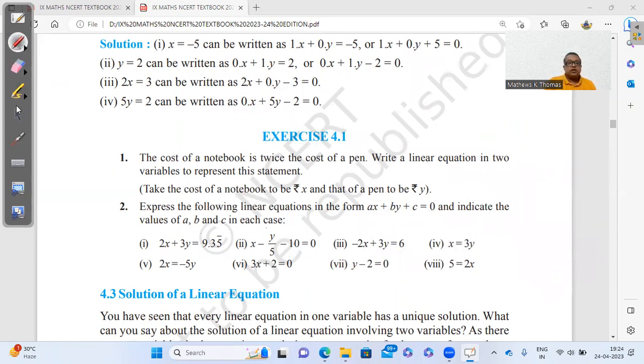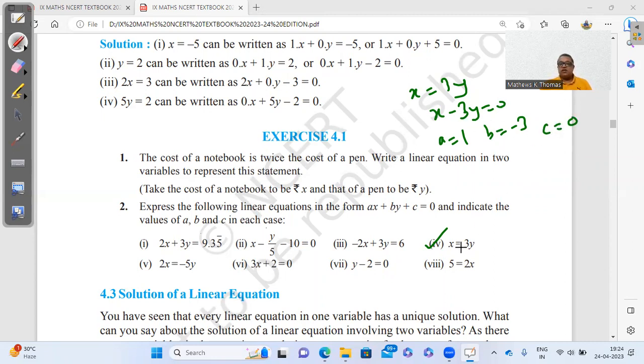So fourth part, let's do this fourth part here. We get x is 3y. So x minus 3y is 0. a is the coefficient of x, nothing is there, that means 1. b is minus 3 and remember there is no constant value here. Constant value is 0. So a is 1, b is minus 3, c is 0. This is fourth part.